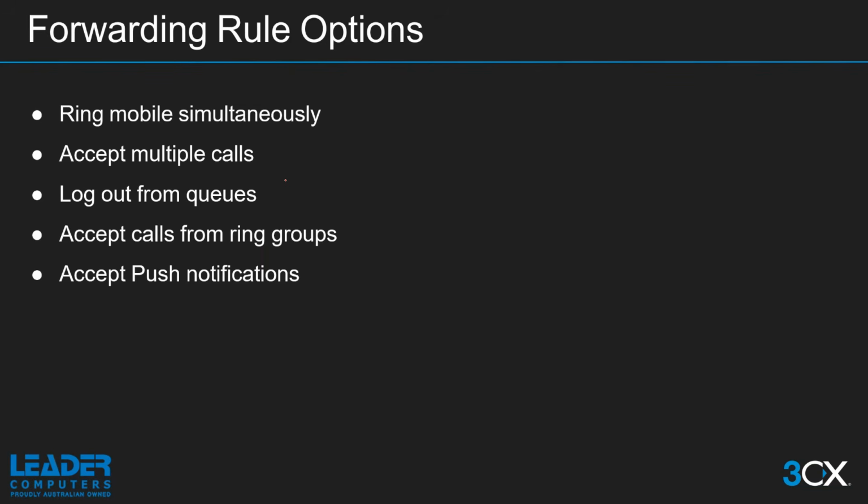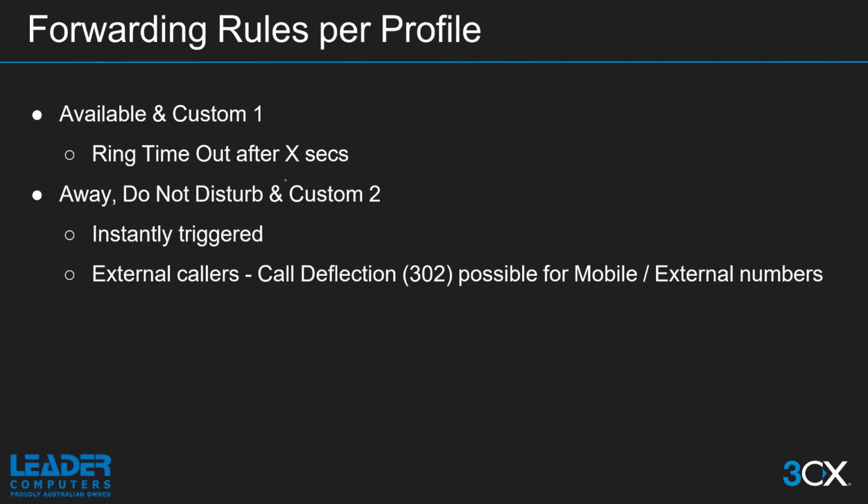And accept calls from ring group and accept push notification is for the mobile apps and stuff. And forwarding rules per profile. So there are 5 different profiles available: available, away, DND, custom 1 and custom 2. The way it works is similar for available and custom 1.